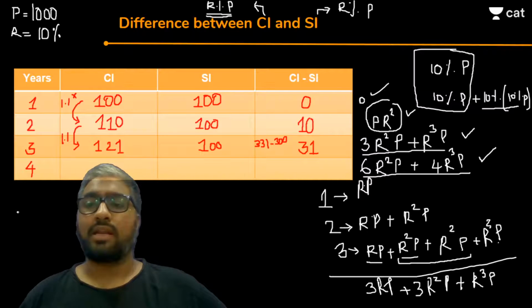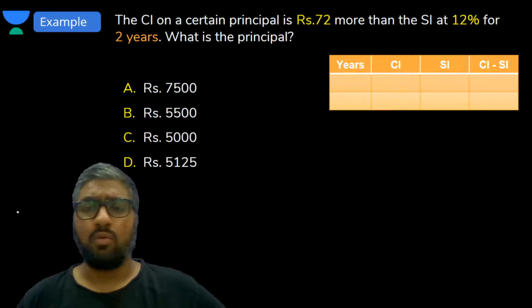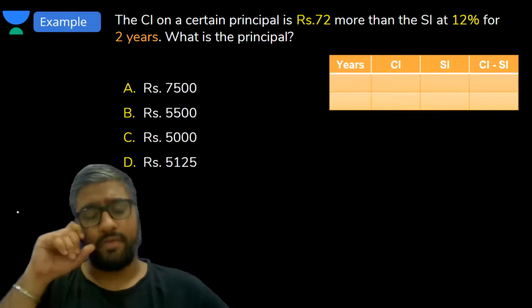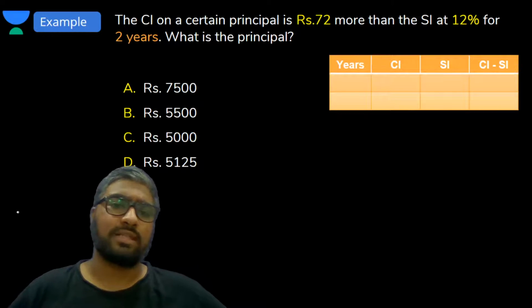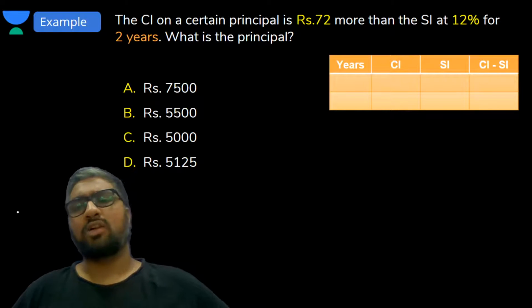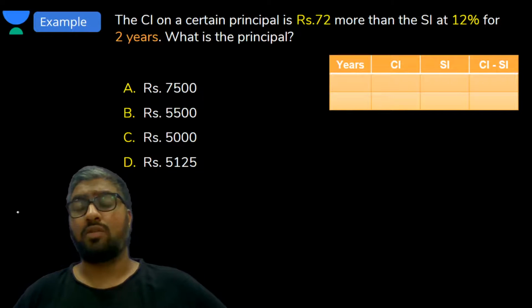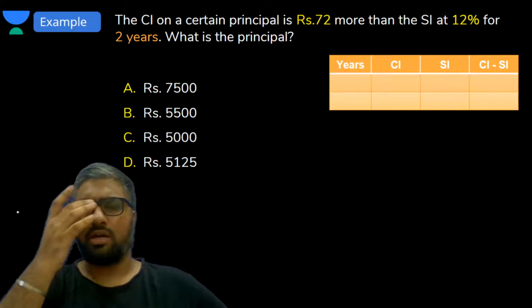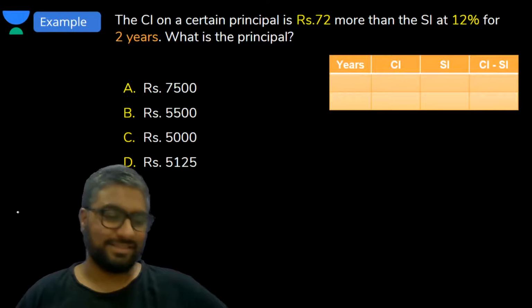You can reduce the amount of time you spend on every question, but what matters is that you understand the concept also, because CAT doesn't rely on direct questions. Although simple interest, compound interest questions have been quite direct, not very twisted, not very complexified, at least not in the last 3 years.